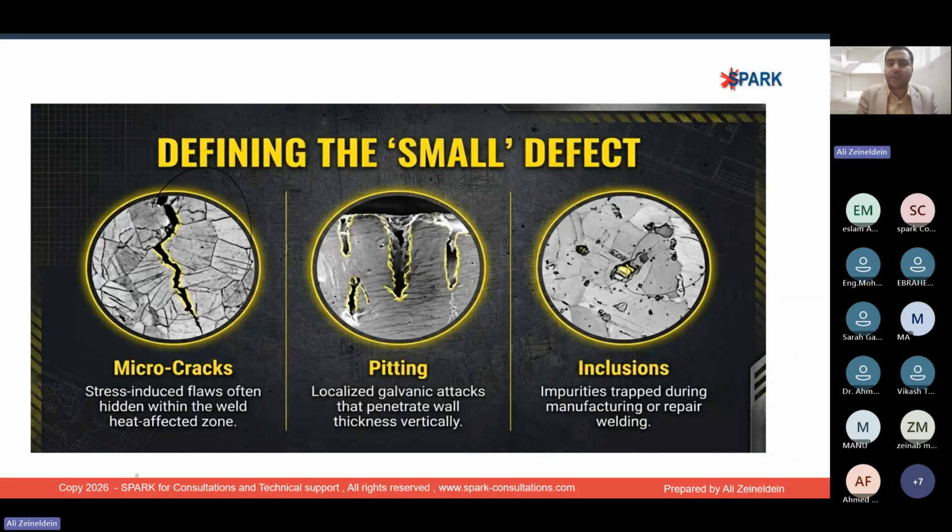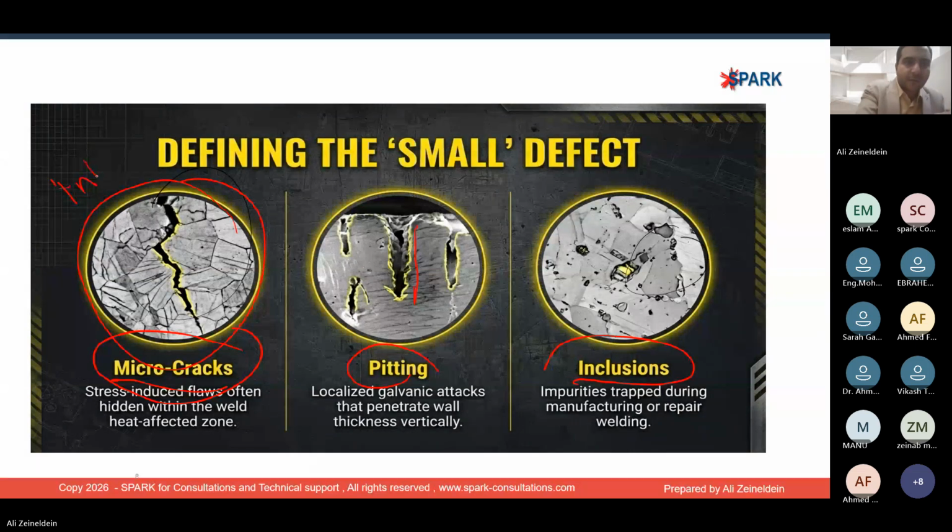This slide also summarizes what we discussed in the previous slides. We can see micro cracks here, some pitting, where we can see the metal loss, and here also inclusions or impurities. For micro cracks, we should know that they may be intergranular or transgranular.